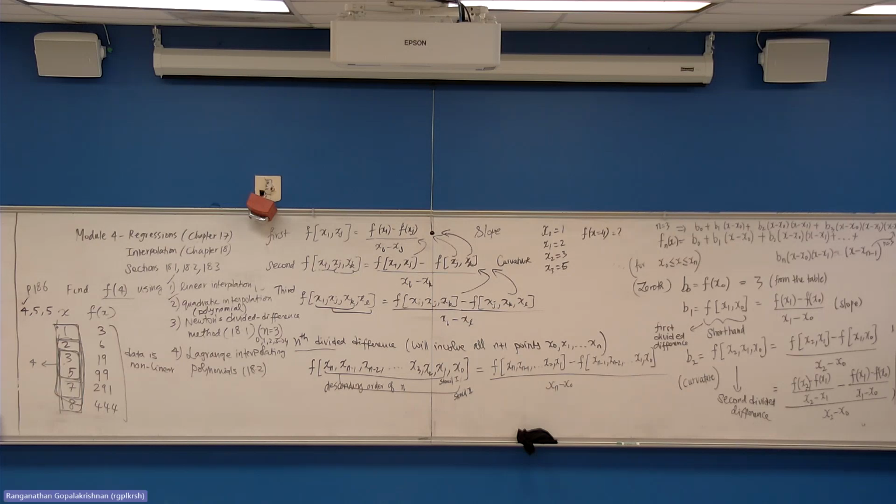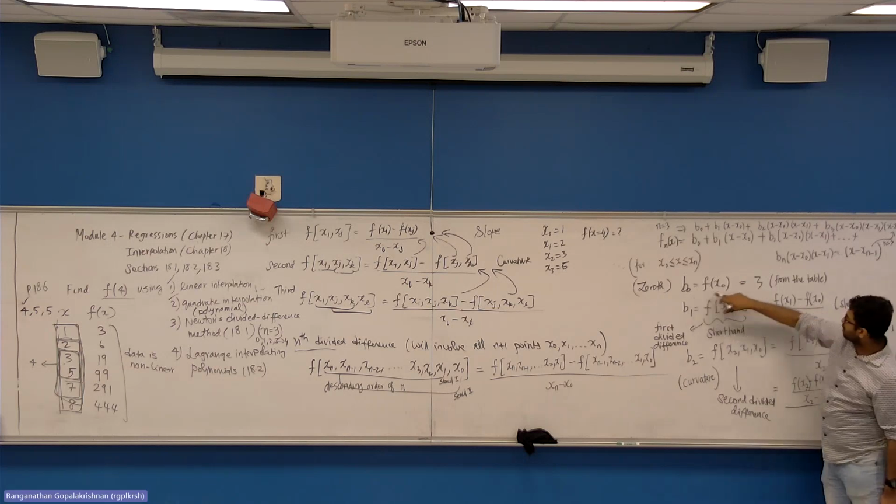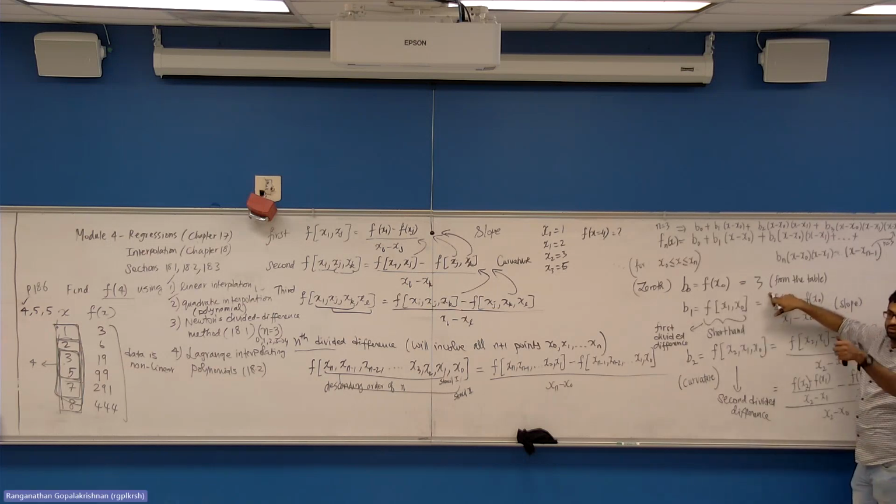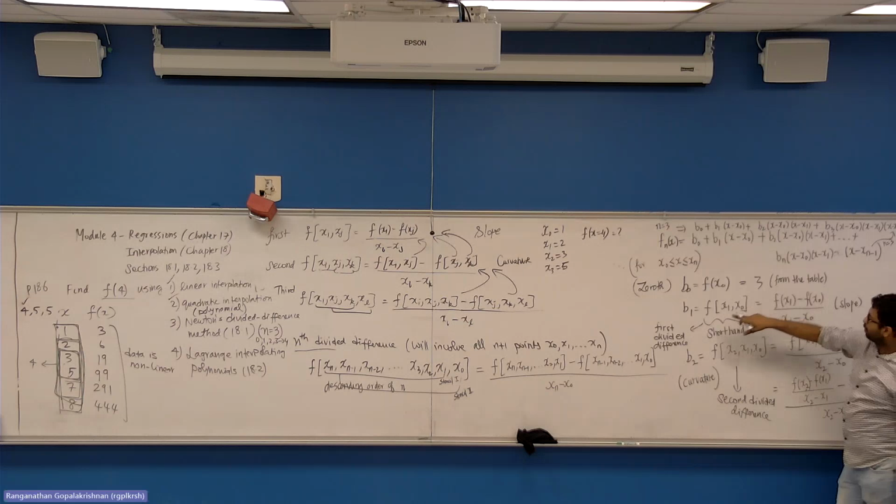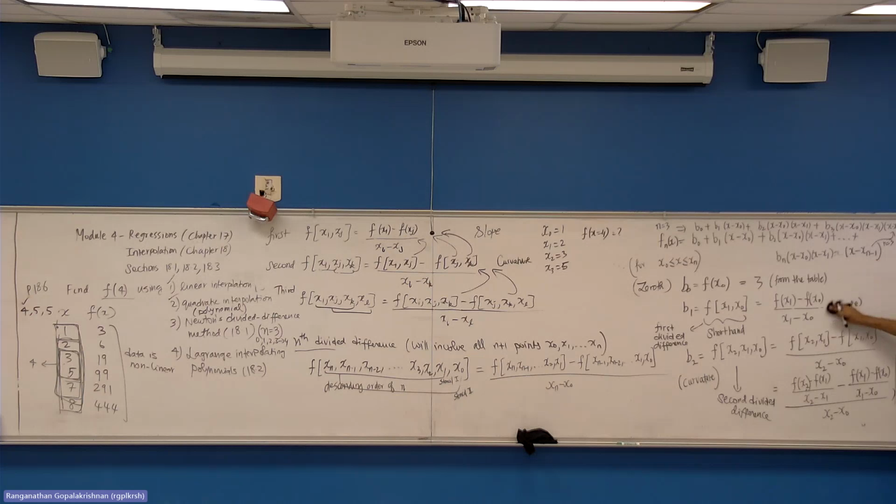Is it so clear that it's boring? Okay, everybody agrees b naught is 3. You're good? What is b1? b1 is f of x1 minus f of x naught divided by x1 minus x naught.